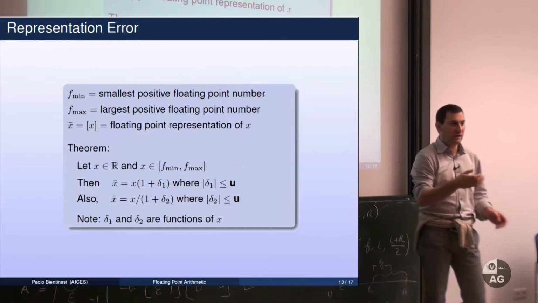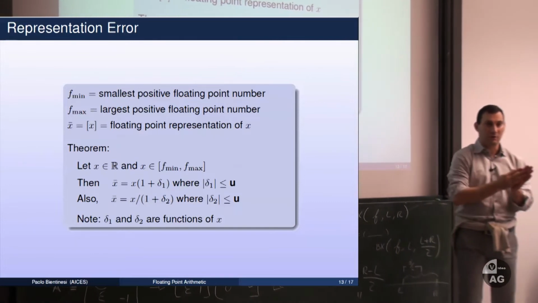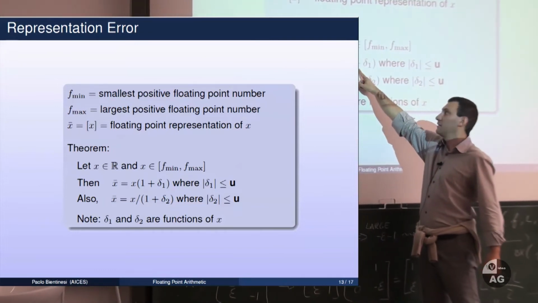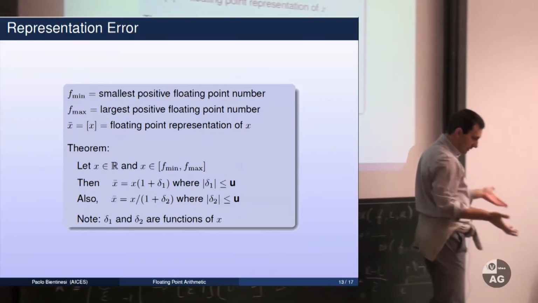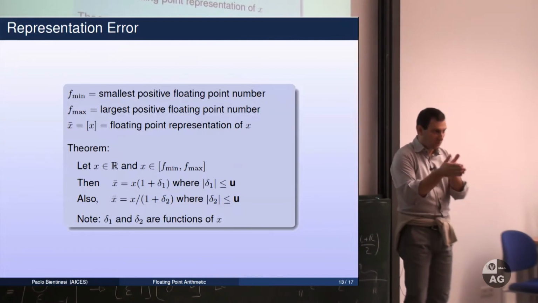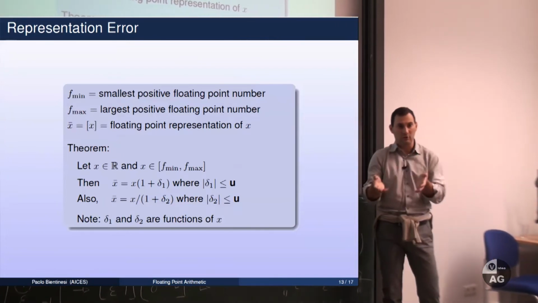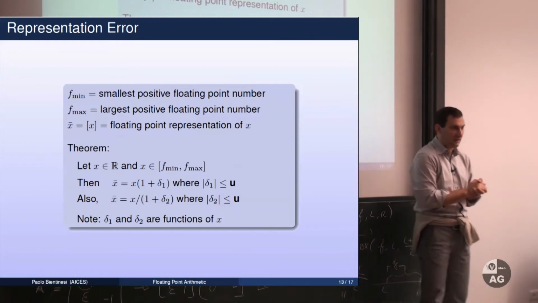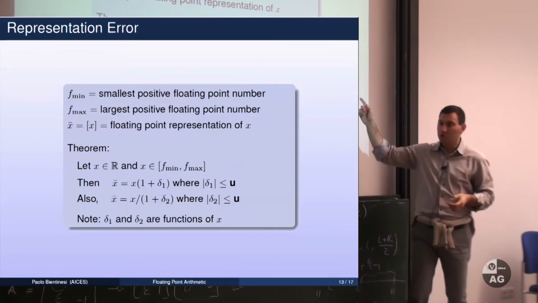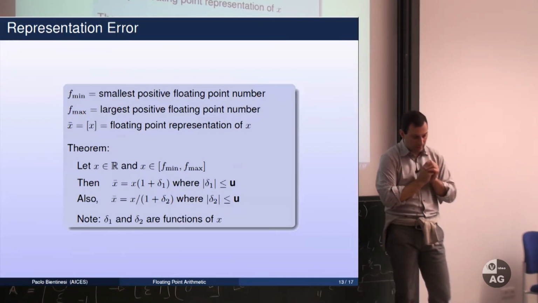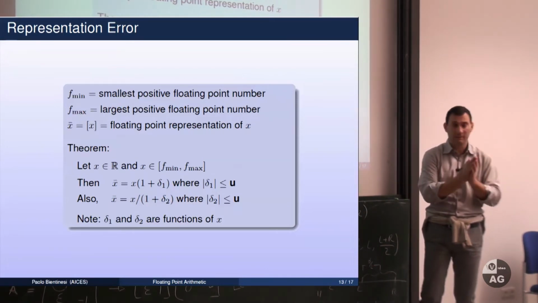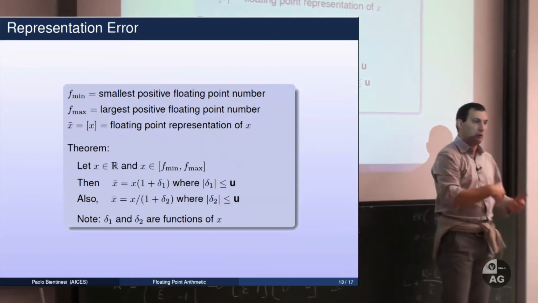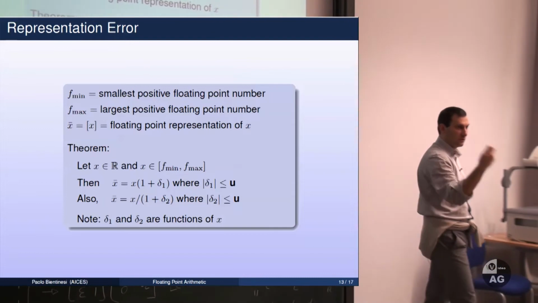It will never be the case that you have a floating point number so far that this bound is not satisfied. So even though these floating point numbers are not equidistant, and there is only a finite amount of them, they are so tight that there is always one within 1 plus delta of the exact number that you want to represent.